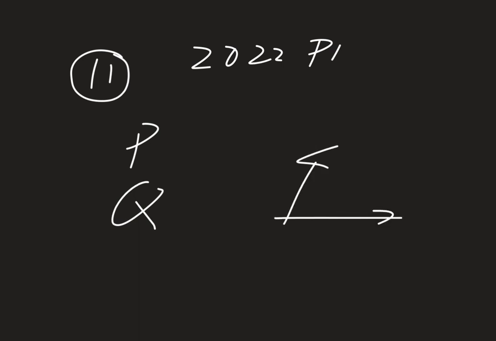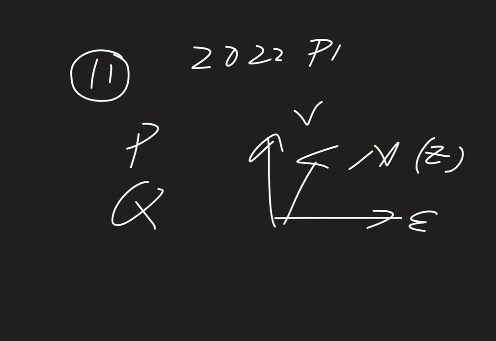North, east, and vertical outwards. So this is the XYZ direction. North is the Y direction, this is the X direction, and this is the Z direction.